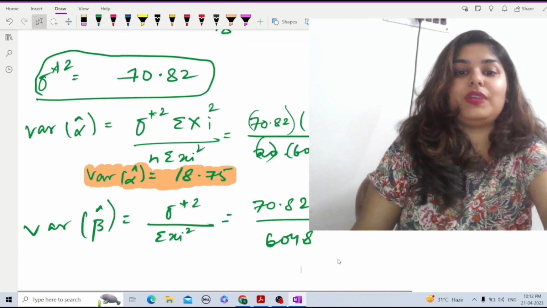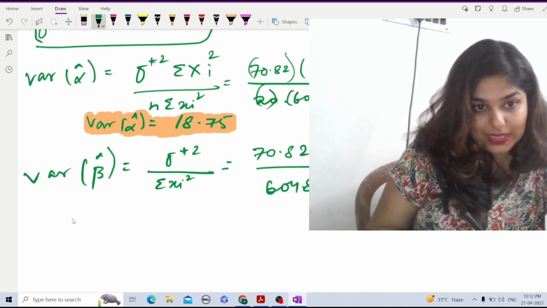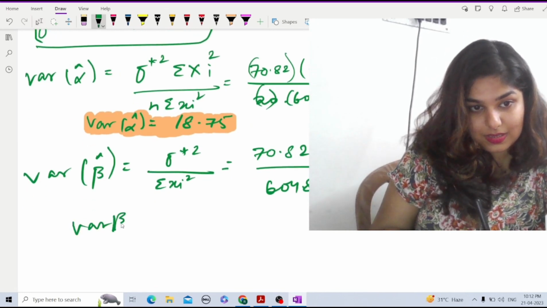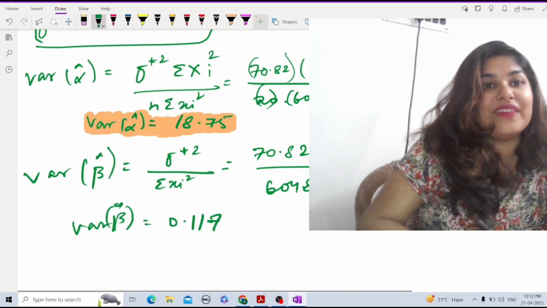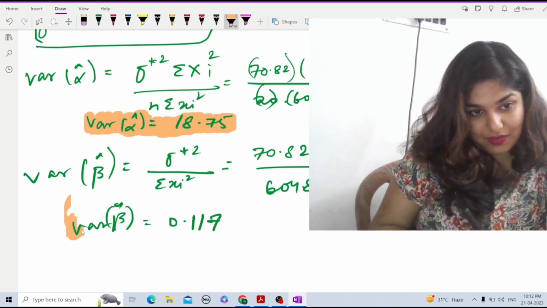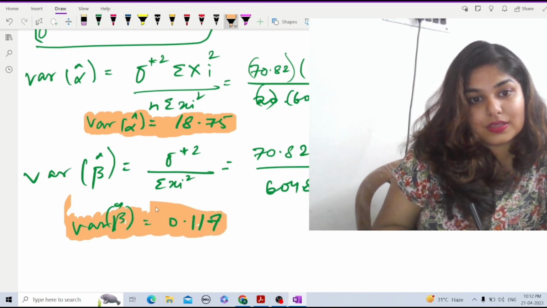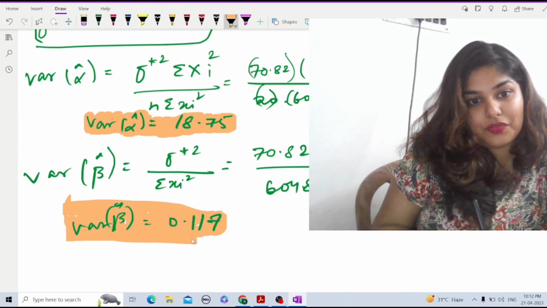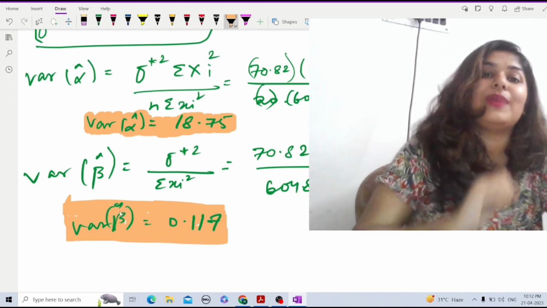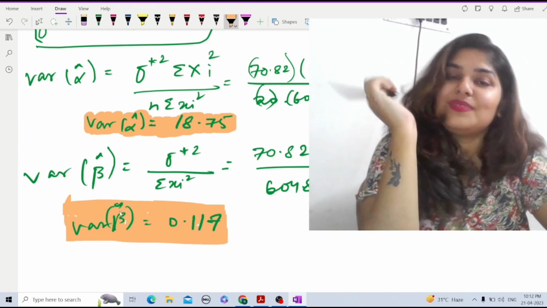So if we calculate it, we will get variance of beta hat is equal to 0.117. So this becomes our answer for the variance of the OLS estimates, that is alpha hat and beta hat.